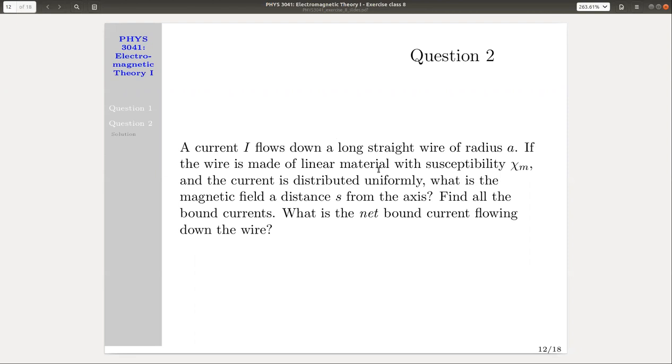You are asked to solve for the magnetic field at every distance s from the axis, and also to find all the bound currents and the net bound current flowing down the wire. The wire here has radius a, and the current is distributed uniformly.